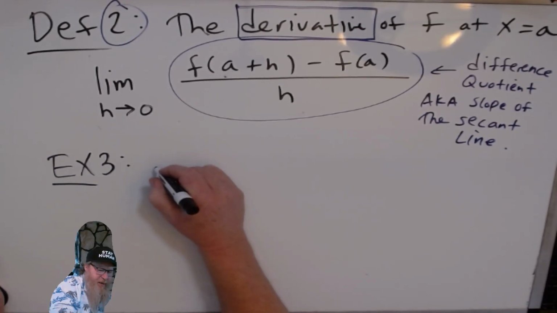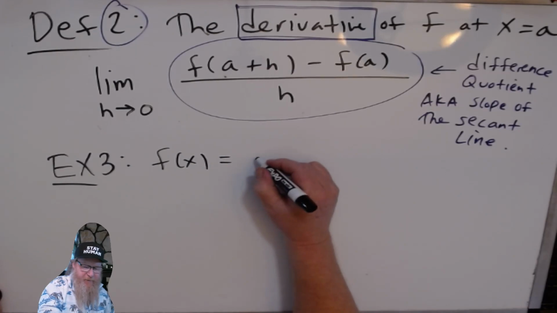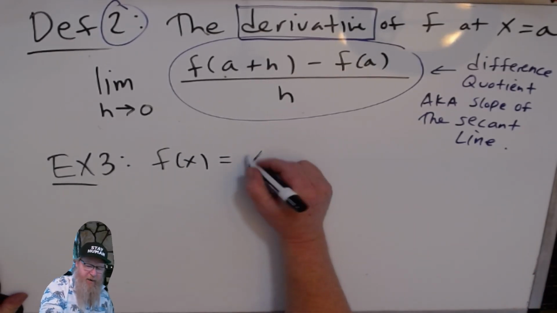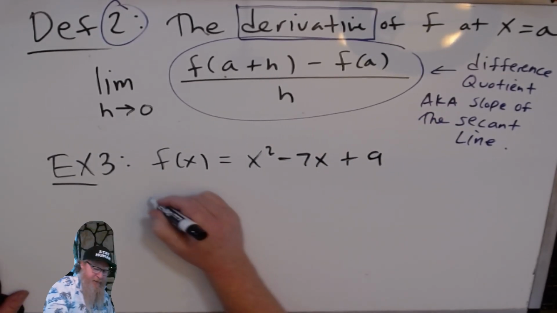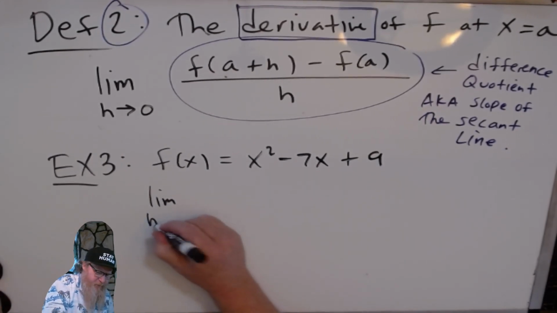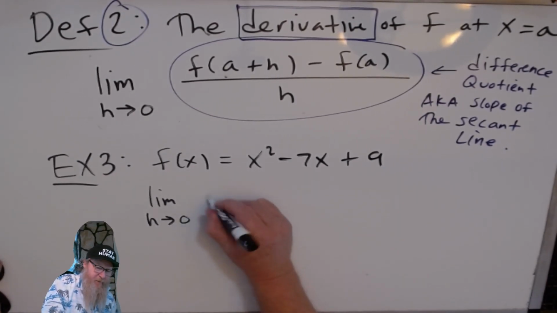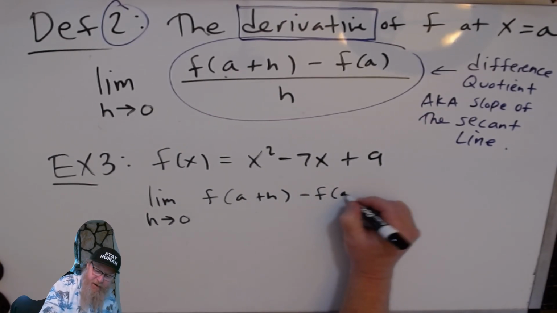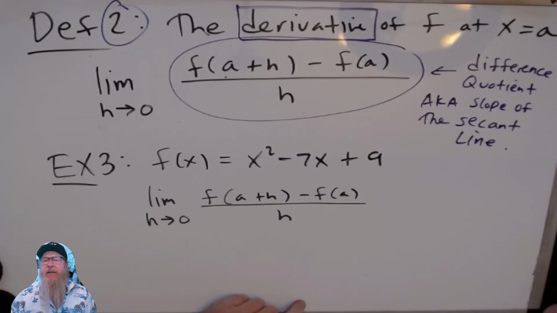So example 3: if f of x is x squared minus 7x plus 9, find the limit as h goes to 0 of f of a plus h minus f of a all over h. That's taking up a lot of space.